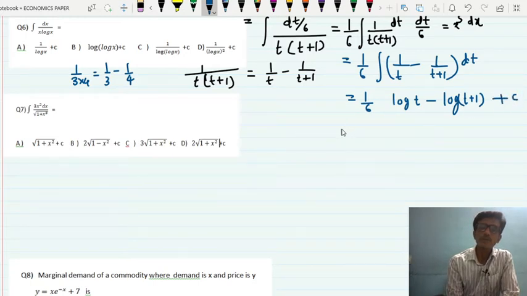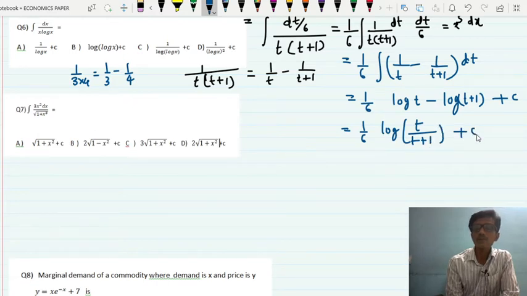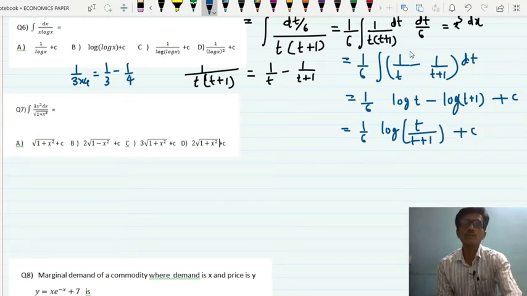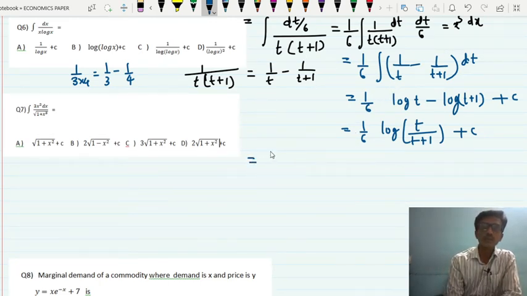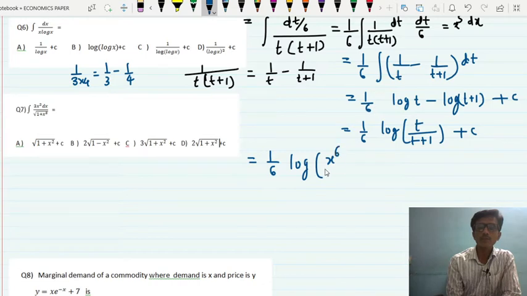This will be 1 upon 6 log of t upon t plus 1 plus c. But what is our t? Substituting t equal to x raised to power 6, this will be 1 by 6 into log of x raised to power 6 upon x raised to power 6 plus 1 plus c.